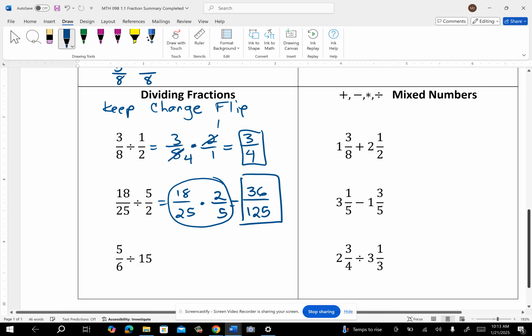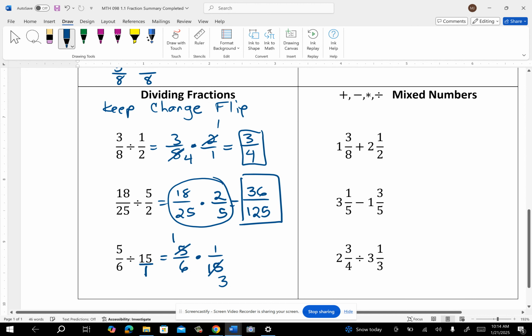If you have a whole number, you still have to keep, change. Problem is when you're flipping, the 15 currently is really the same as 15 over 1. So when you flip that, it's 1 over 15. Now you could multiply straight across and then simplify, but we're trying to learn to recognize this. 5 goes into 5 once, goes into 15 3 times.